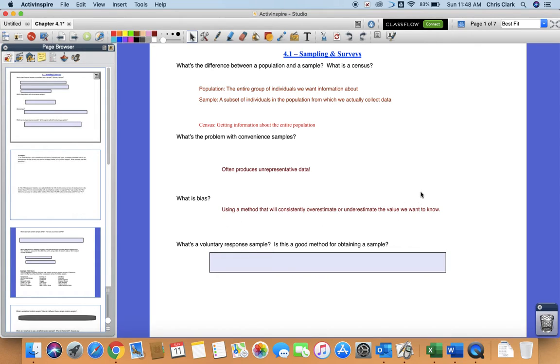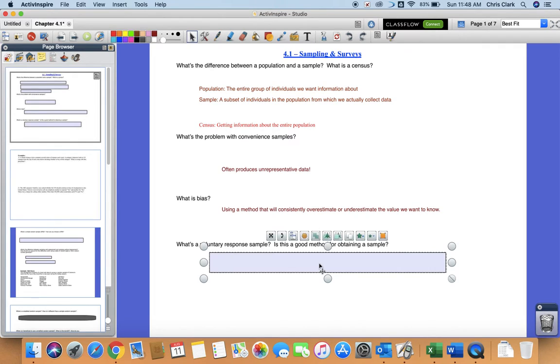Okay. Now, what is a voluntary response sample? The best explanation that I can give is shows like America's Got Talent or The Voice. With a voluntary response sample, the way that they pick the winner is people just call in. Anybody can call in. It's voluntary as to who responds. There is no limit to the number of people who respond.